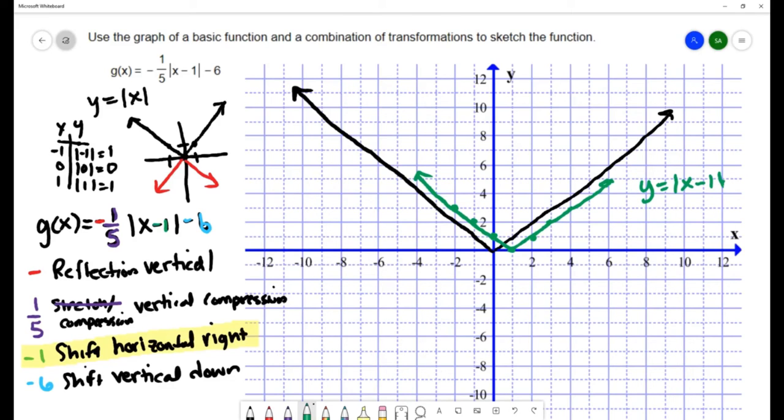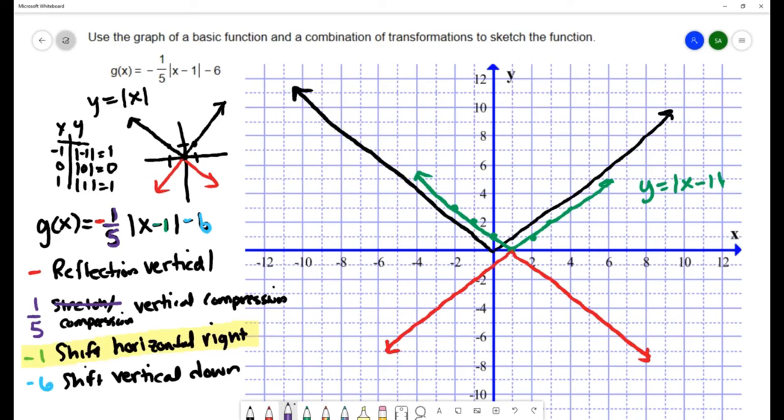So the next transformation I'll do is the reflection. With the reflection, we've already seen what's going to happen there. Our V is going to turn upside down. And now I'll take a look at the compression. So the vertical compression.